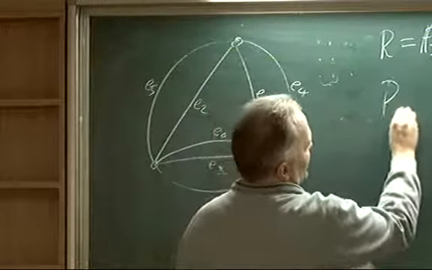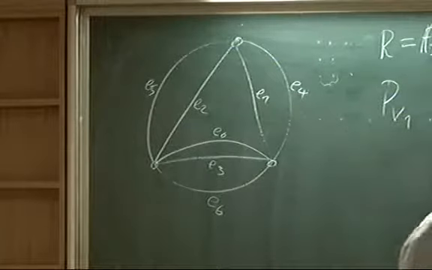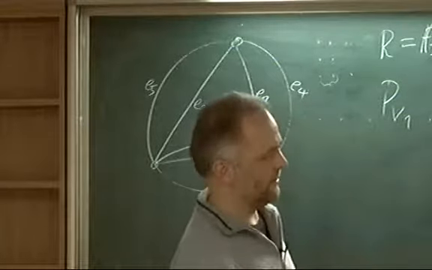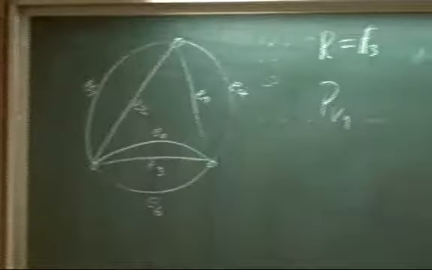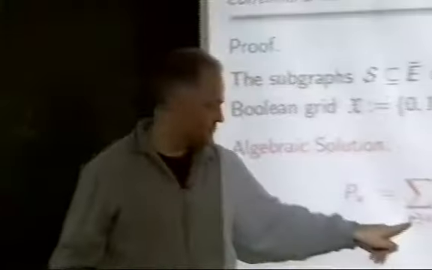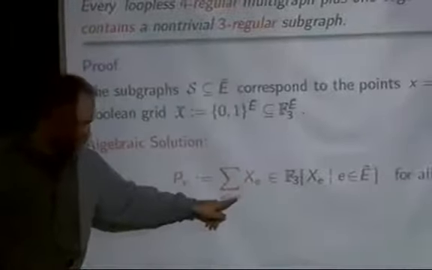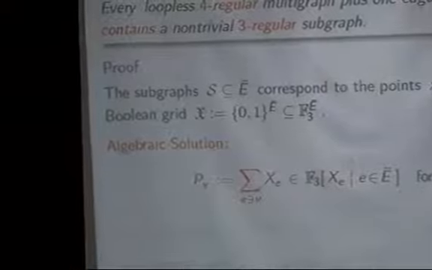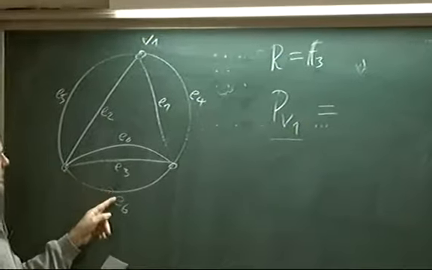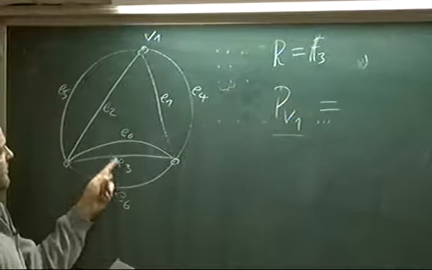And now we introduce some polynomials. Here it's in the general case. It's a very simple polynomial. Just a sum over those variables which belong to an edge that is incident with V. For each vertex V, we have a polynomial. So if I take the vertex V1, then we have one polynomial corresponding to this. And that's just the sum over, we introduce one variable for each edge.